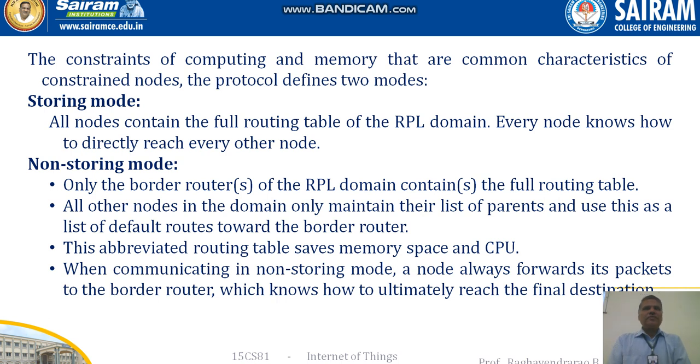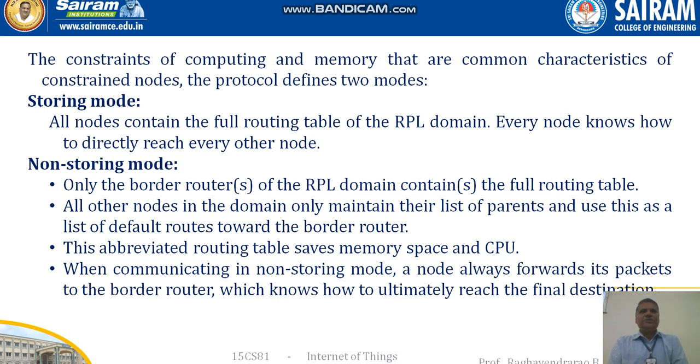The constraints of computing and memory are common characteristics of constrained nodes, and the protocol defines two modes. First is storing mode, another is non-storing mode. In storing mode, all nodes contain the full routing table of the RPL domain.